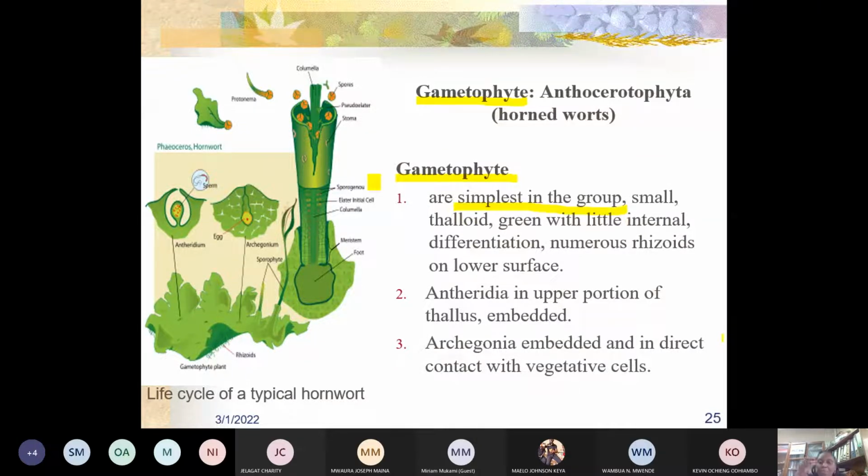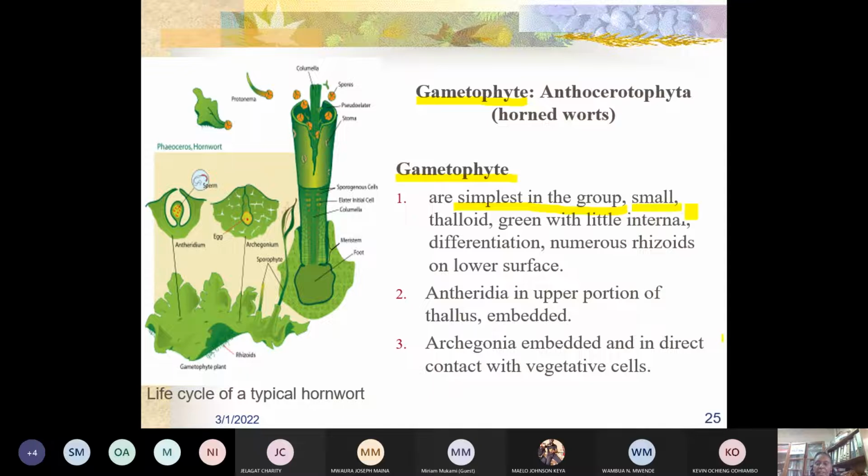Actually, the gametophyte here tends to be very simple because you remember in Marchantiophyta, we had the male and female on certain structures, those umbrella-like structures on which the male and the female grow. They would not necessarily grow within the gametophyte body itself. So here we find that it's very simple because we really don't have those structures.